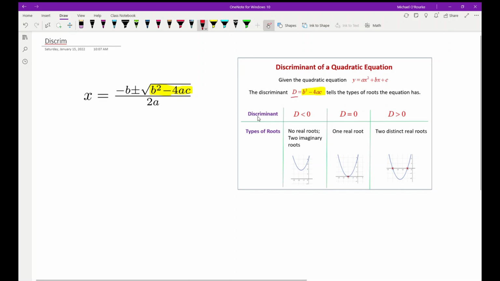So the use of the discriminant, or what's inside the square root bracket here, is to allow us to look at the equation. Let's say I have this equation here, y equals 2x squared plus 3x minus 4. Okay, and usually with these questions we want to graph it.